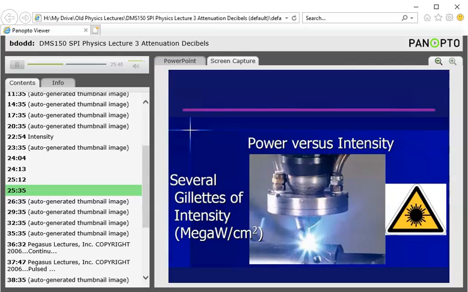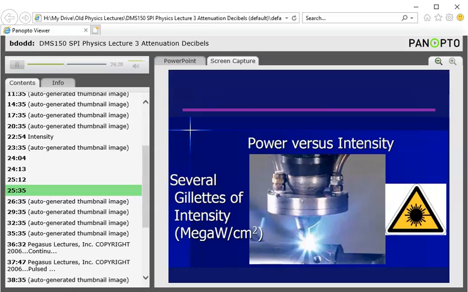So our power divided by our area equals our intensity. So if I ask you, what is intensity, what will you tell me, Martha? Power divided by area.